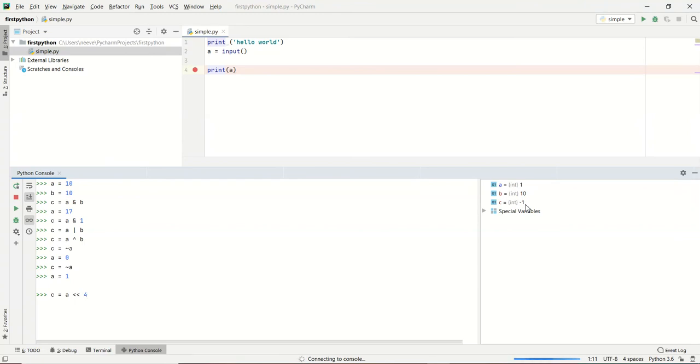Now the value should be 4, c should be 4. If you rotate 2, then it goes to 4, and if you are rotating 3 times, it will be 8, and if you rotate 4 times, it will be like 16.